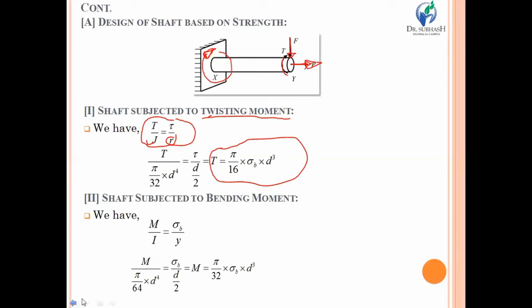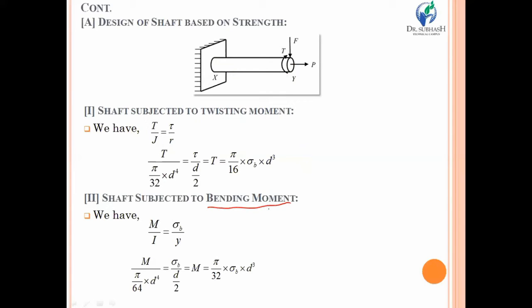Now suppose you are concentrating on shaft design based on bending moment alone. At that time, just go through the bending equation: M upon I is equal to sigma b upon y. Over here, M stands for the bending moment, that we have discussed, that the bending moment is produced over here. So this is the capital M bending moment. I is the moment of inertia, sigma b is the bending stress, and y is the distance of the neutral axis from the extreme fiber.